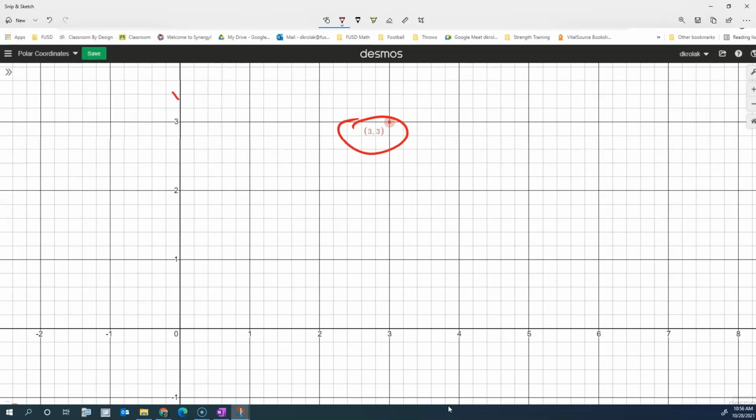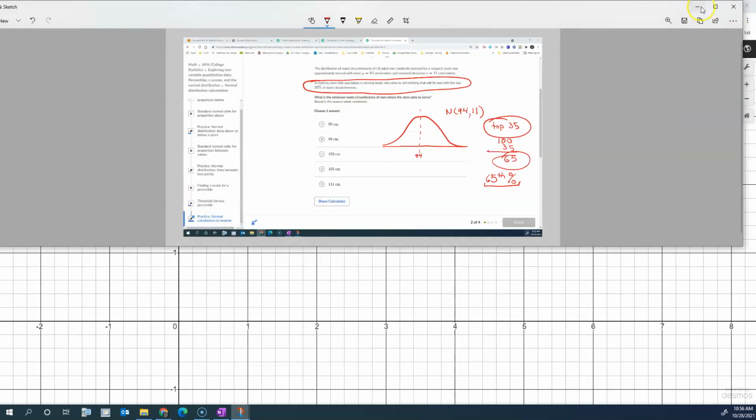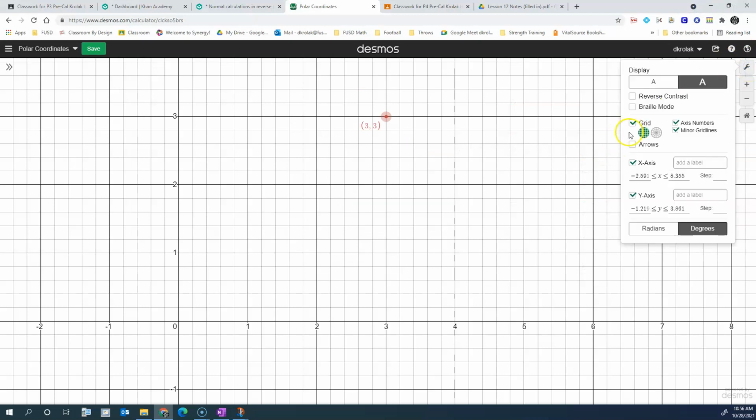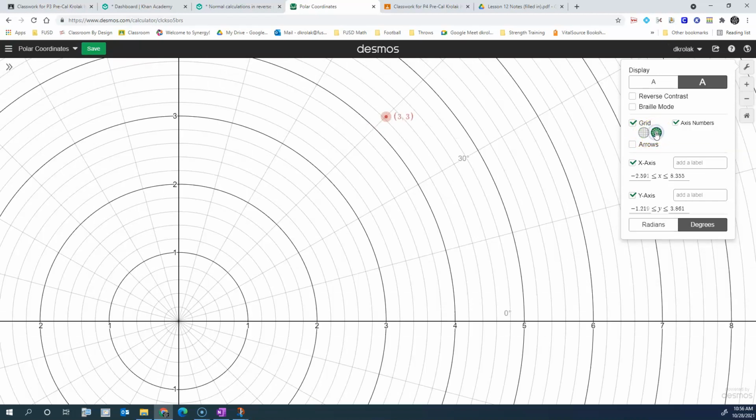The way you do that is you change the shape of this grid. So I'm going to click on the little gear up here. And now on my grid, you see how you've got 2 choices? The grid I just used and this grid.